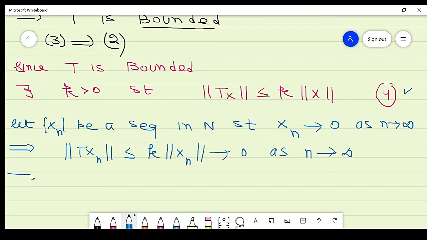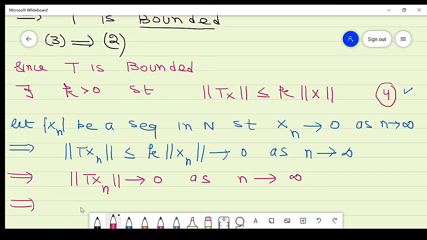It implies norm of Txn approaches 0 as n approaches infinity. It implies Txn approaches 0 as n approaches infinity.